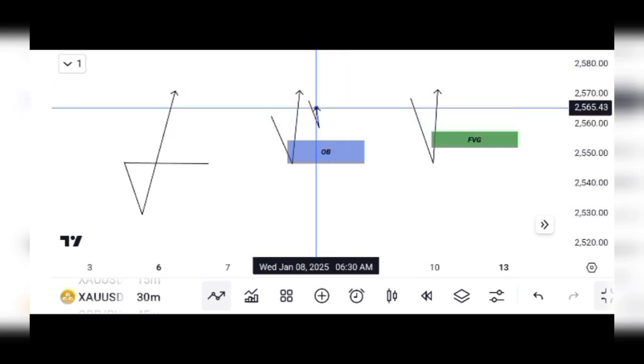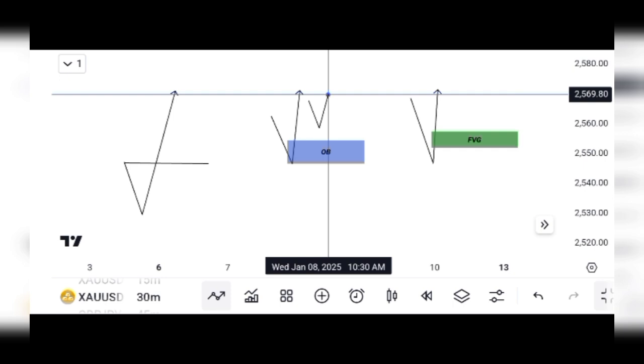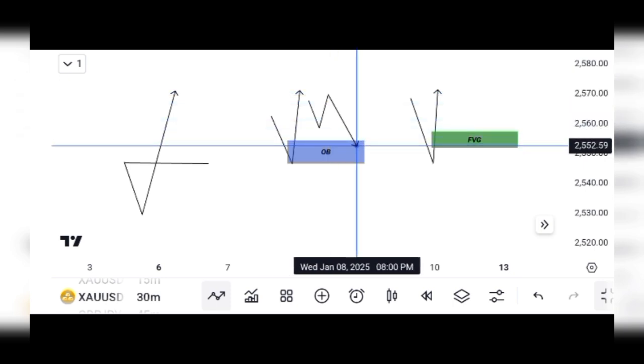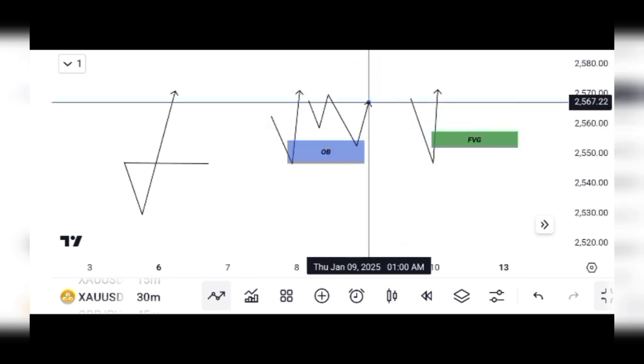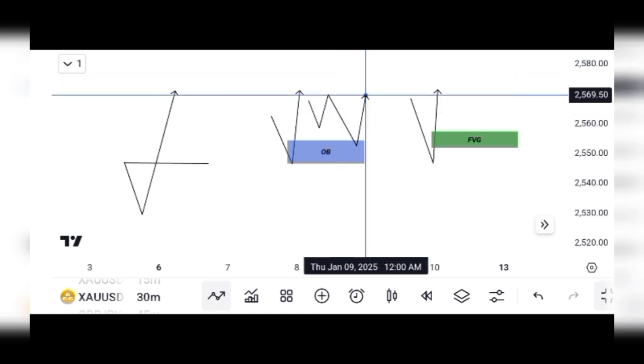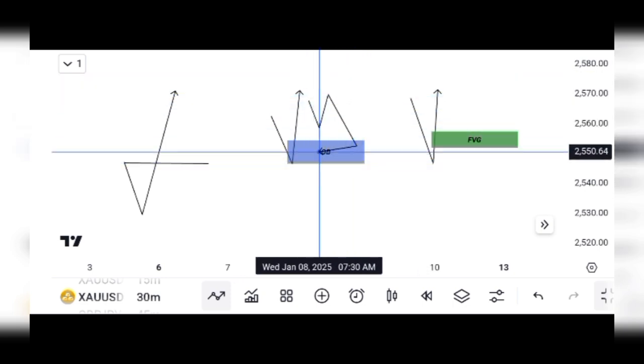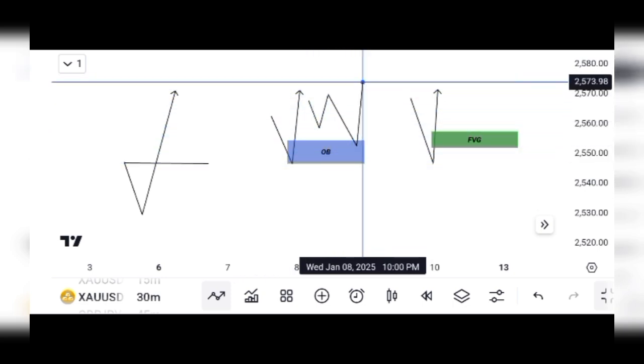It's either you look for engineered liquidity. If you don't know what engineered liquidity is or you are struggling to spot it, I'll drop more videos on it. I've already dropped some videos explaining engineered liquidity. That is where price does not break structure before coming to your POI.